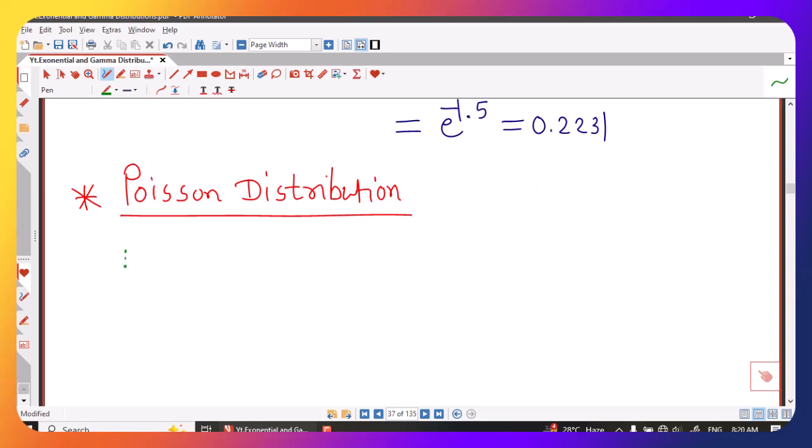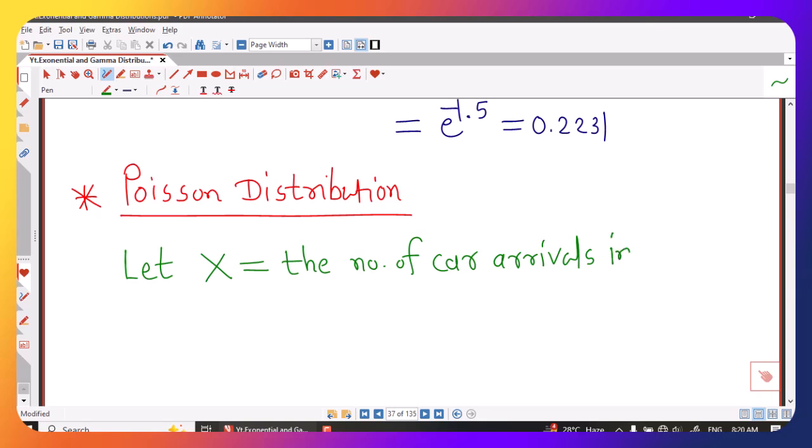For the Poisson distribution, our random variable is the number of events in a given interval. Here we are interested in the number of car arrivals, that is, capital X we will define as the number of car arrivals in a 3-minute interval, or in 3 minutes.